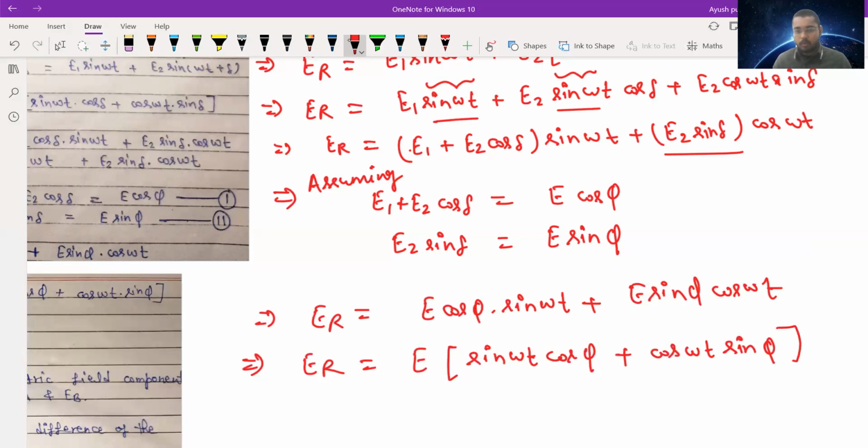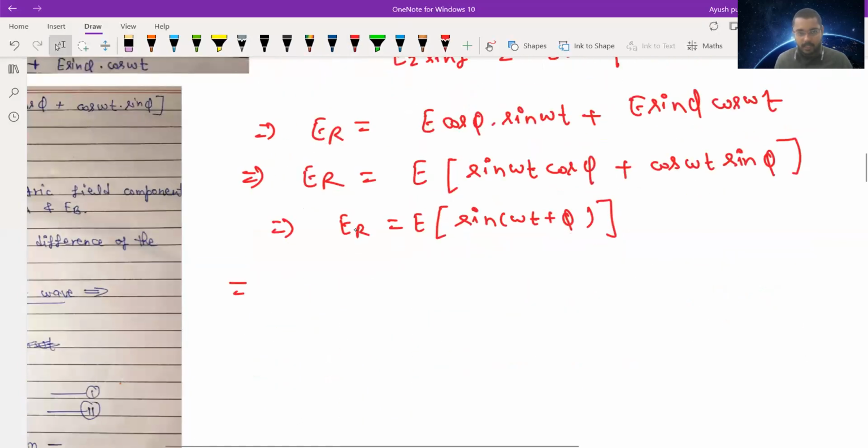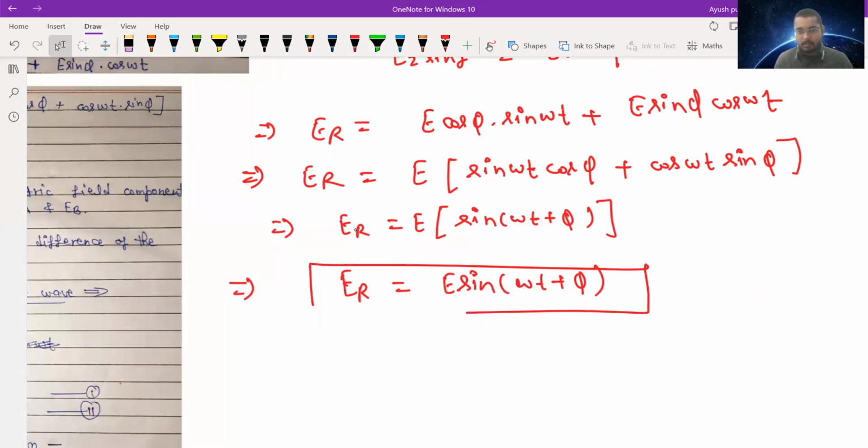Can we write this as sine omega t plus phi? Yes, we can. So ER is E sine omega t plus phi. This will be the amplitude of the resultant wave.